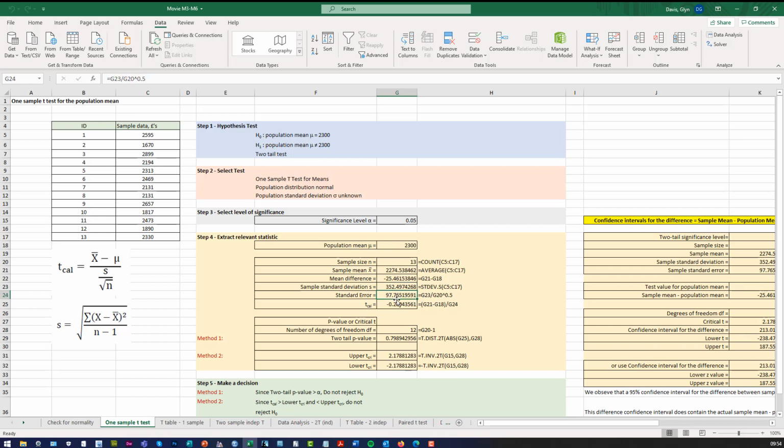Then we can work out the standard error. The standard error, remember, is just s divided by the square root of n, which comes out to be 97.76. Substitute the numbers in, and we get the calculated t value for this sample data compared to the population mean, which is minus 0.26.